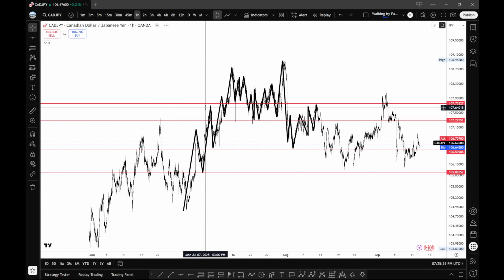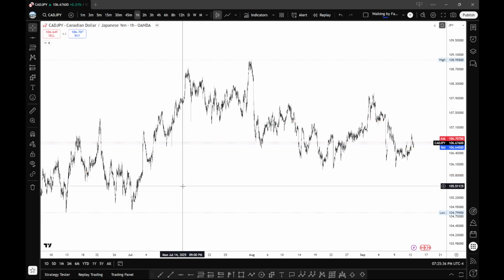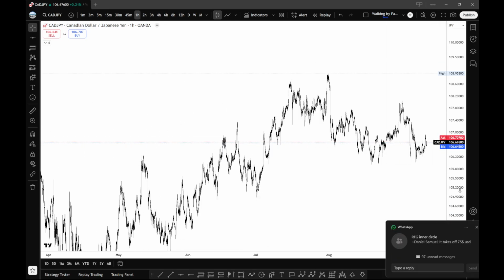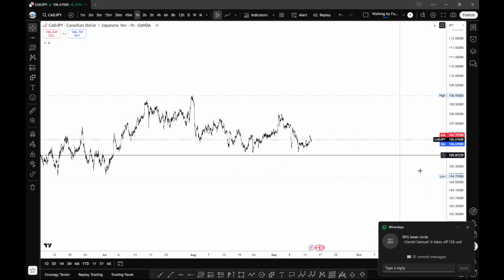So market structure itself is super important to the foundation of trading. Without market structure, you get lost in what you're doing.